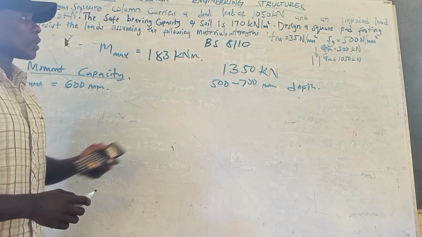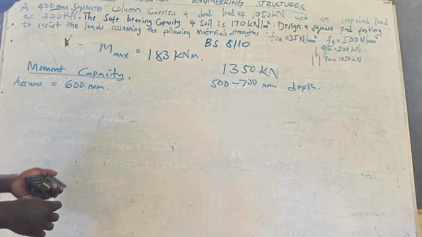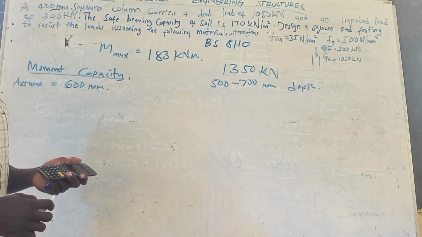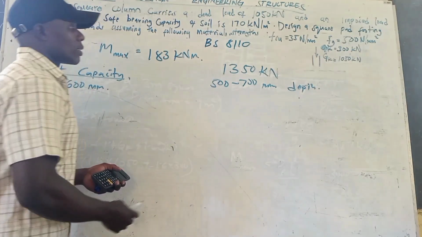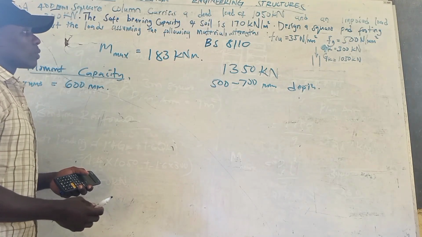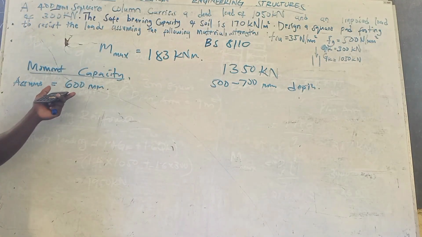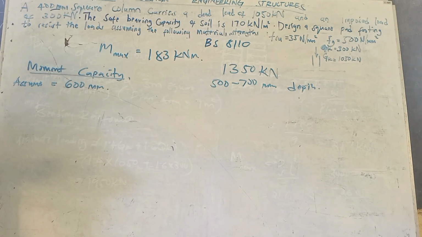Maybe it can also allow for constructibility, where it can accommodate the development length of the columns. So in this case, we're going to work with 600 millimeters.